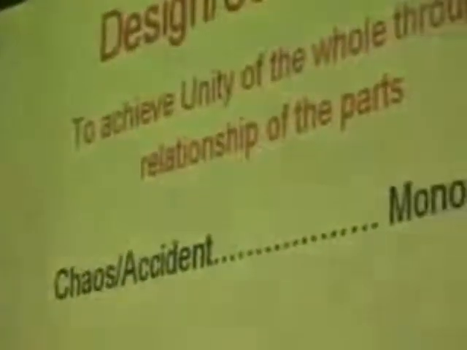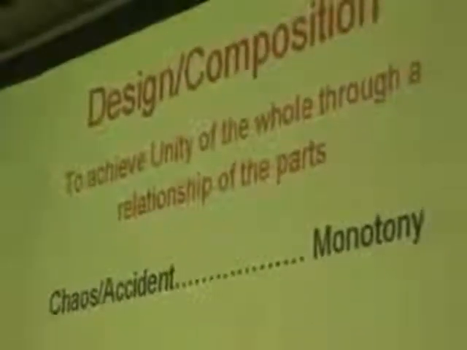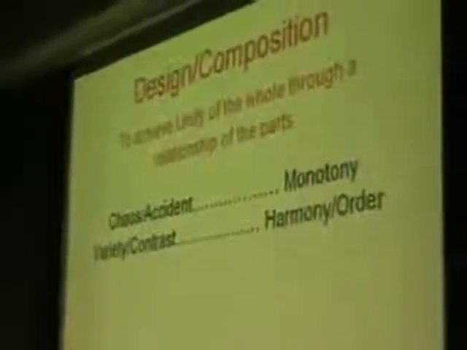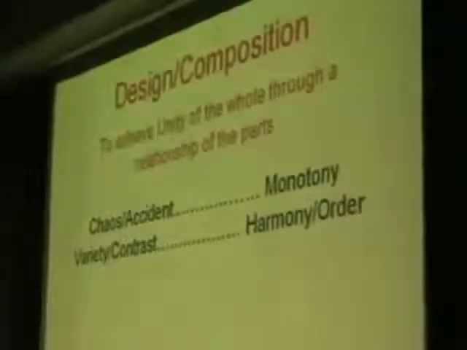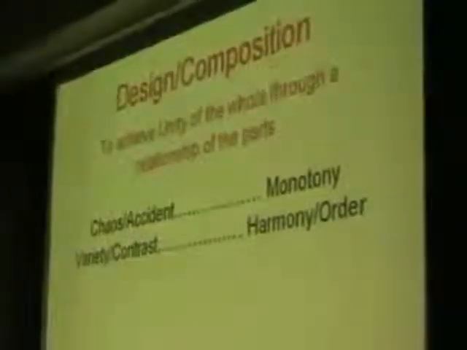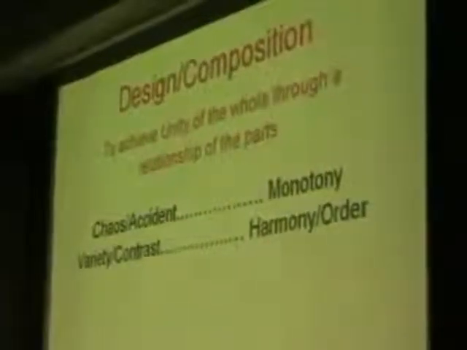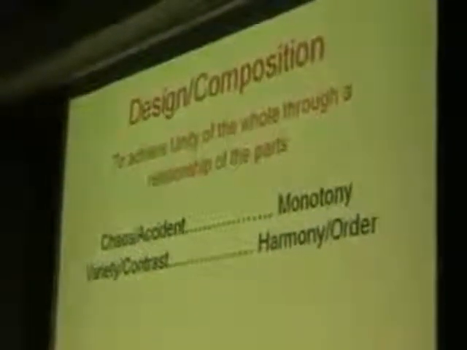And at the other end of that, if you order things too much, you can end up with monotony. So it's kind of like jungle to garden kind of concept. So you can have a garden that's very, very orderly, but maybe not very interesting to look at. Or you can have so much variety, you're back to the jungle again.